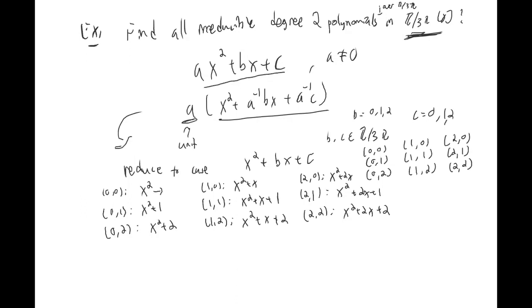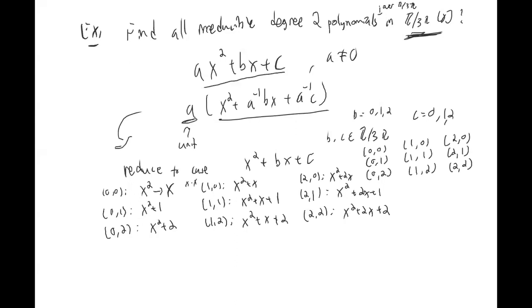Again, you can use the fact that it's degree 2, so it's irreducible if and only if it has a 0. In this case, there is a 0. This one is reducible, because you can factor it as x times x.